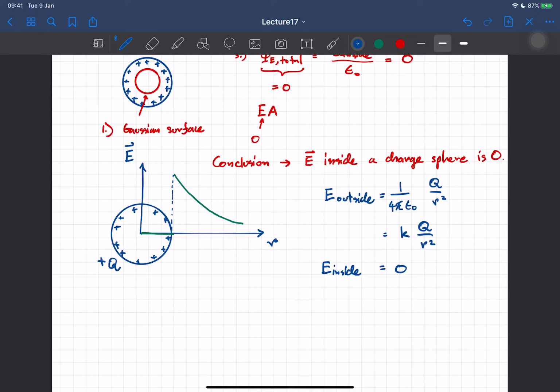Suddenly you jump to this value here. So what's the value that you jump to? Well, that's the electric field outside, where R is the radius of the sphere. So that E is KQ divided by R squared, where big R is the radius of the charged sphere, like this.